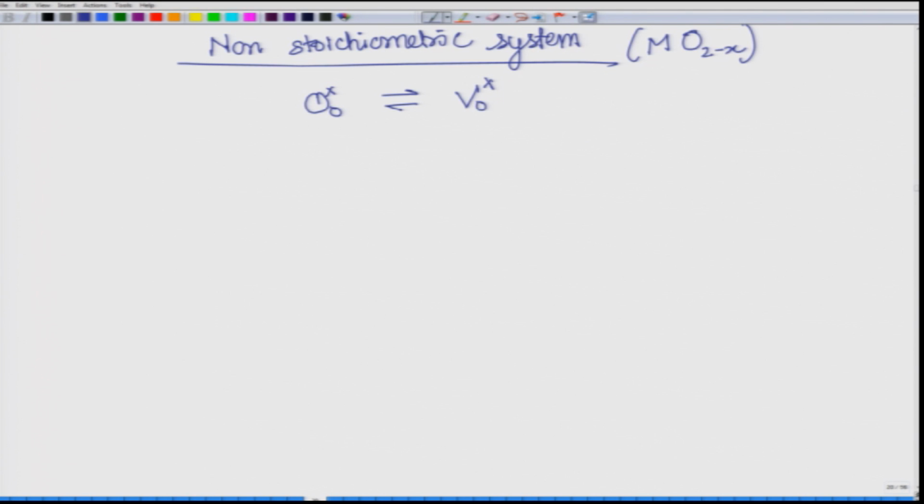Therefore, the vacancy site will have effective 0 charge, but in absolute terms there is a -2 charge over here. And where does the oxygen atom actually go? It escapes as gas, 1/2 O2 gas.